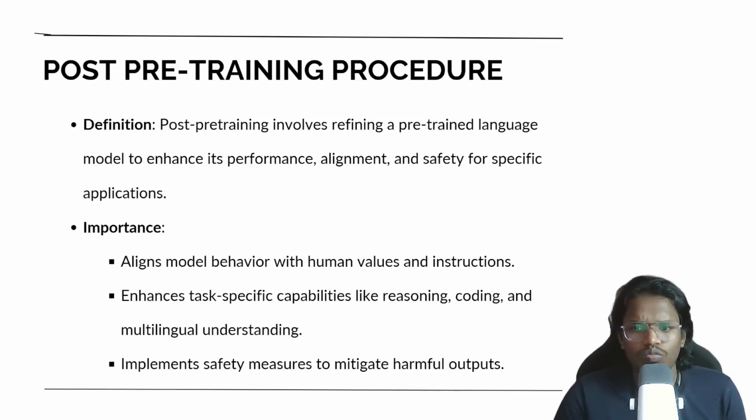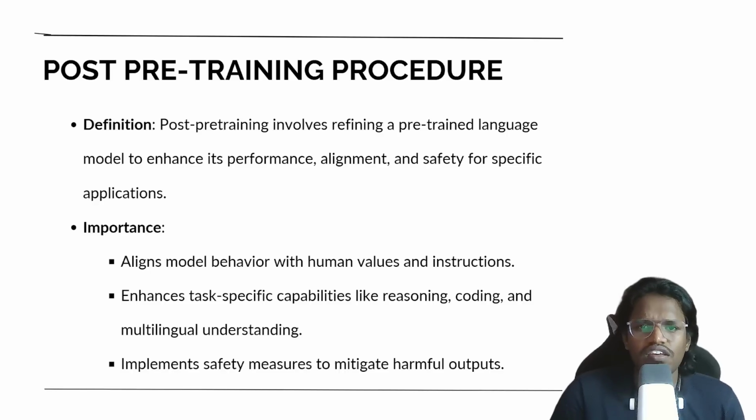What is the importance of this procedure? First, like I said, you do SFT, which aligns the model's behavior to your instructions. Also, there are human values, moral values; you can't say a few things. That kind of control can be done with the help of post pre-training mechanisms, for example, preference alignment mechanisms.